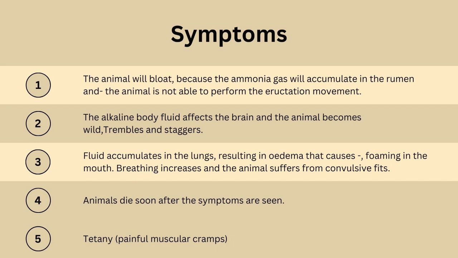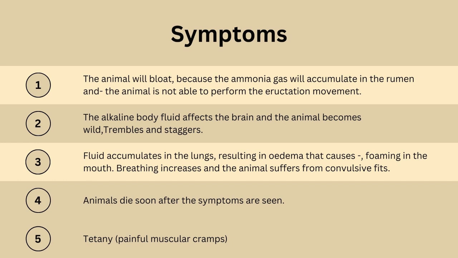Symptoms: the animal will bloat, because the ammonia gas will accumulate in the rumen, and the animal is not able to perform the eructation movement. The alkaline body fluid affects the brain and the animal becomes wild, trembles and staggers.